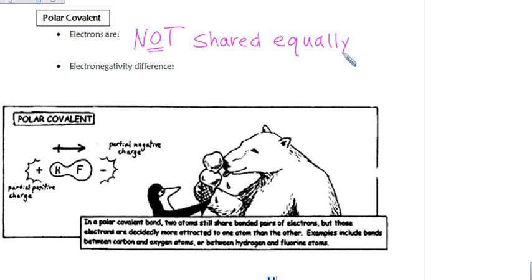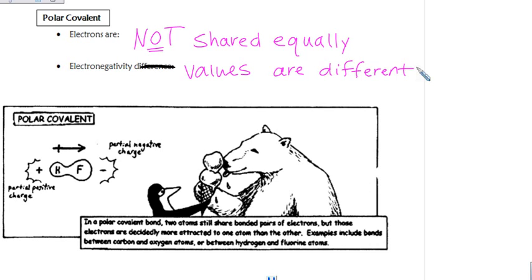So again, when they talk about electronegativity difference, let's just say electronegativity values are different. This time the electronegativity values of the two atoms in the bond will be different. And again, we're talking covalent, so it's still nonmetals.